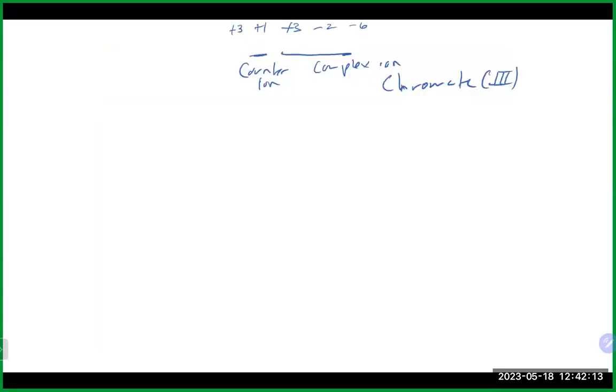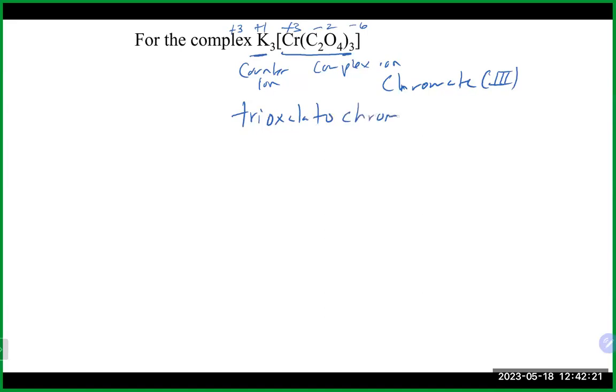So that's going to be a trioxalato, and that's going to be a chromate Roman numeral 3. And now we have just the counter ion to name, which again doesn't matter if we have more than one of them. It's just going to be potassium here.